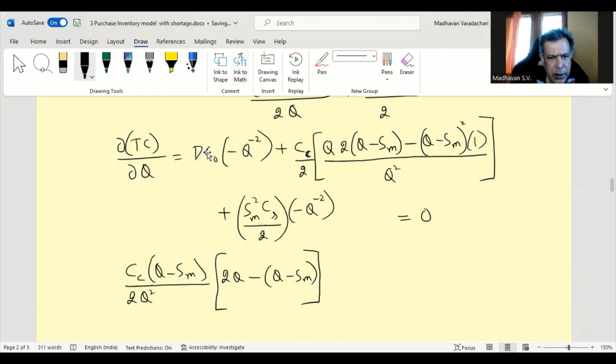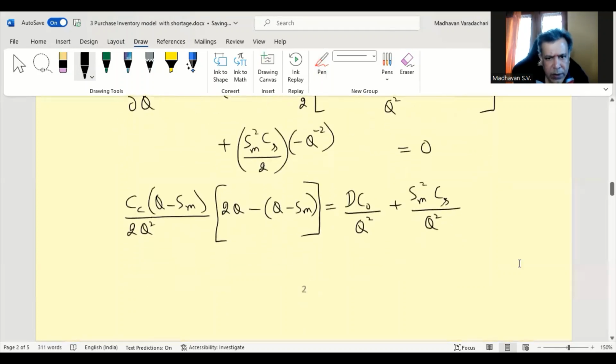Now taking this term to the right side, you will have positive D Co divided by Q square because this Q power minus 2, if I take it to the denominator, it will become positive. Similarly, here also, it will become plus Sm square Cs divided by Q square. Everywhere Q square is common on both sides, so we can cancel.